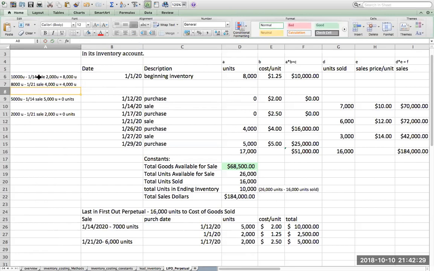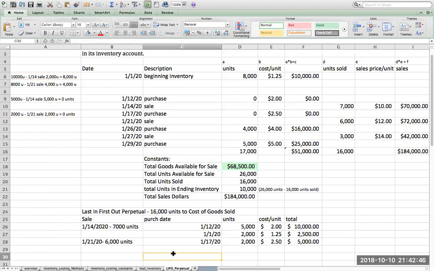Notice here that if I'm looking at my January 14th sale, 2,000 units, 5,000 units, total of 7,000. My January 21st sale, 4,000 plus 2,000, total of 6,000 units.